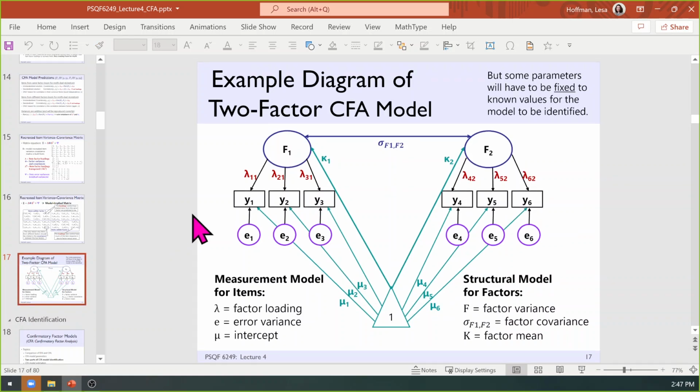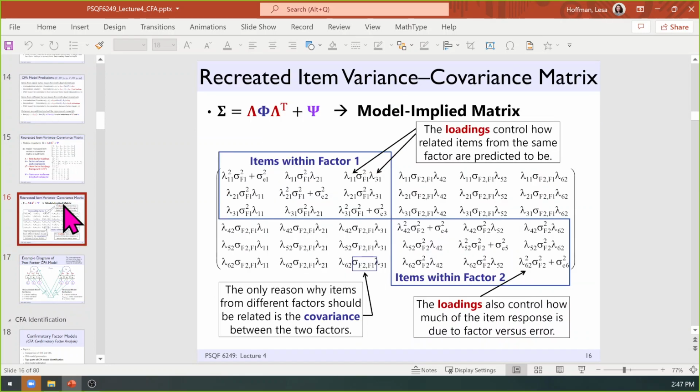So if you're wrong, right, let's say that this pattern that is implied by your model is off. That's going to happen. So let's say, for instance, that y1 and y2 are actually more related than what this pattern says. Then how would we fix it?